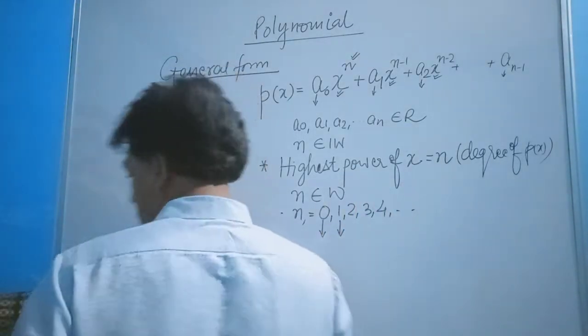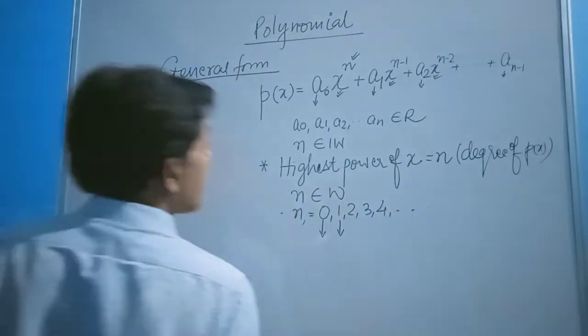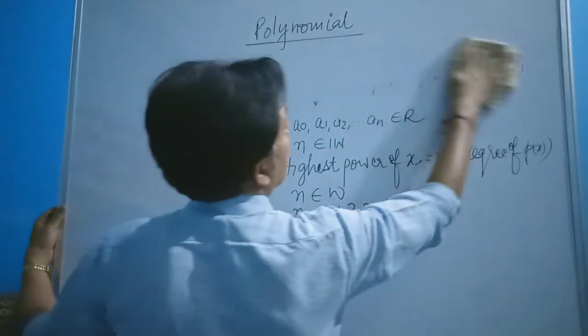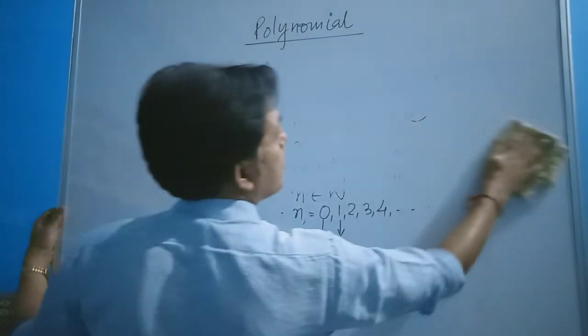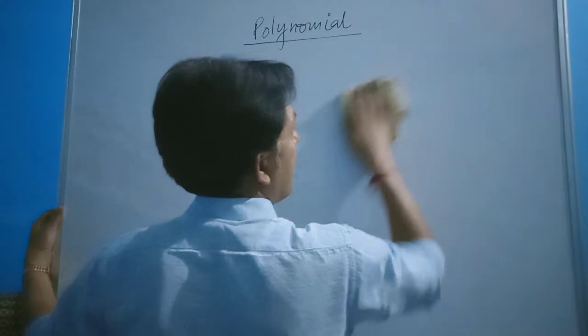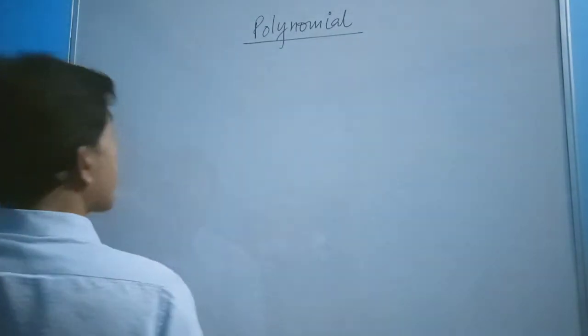Correct? So next we are going to discuss the types of polynomial. So the types of polynomials are here only.